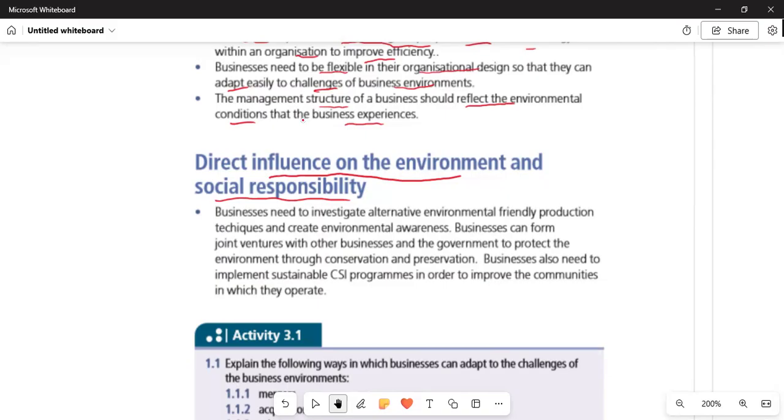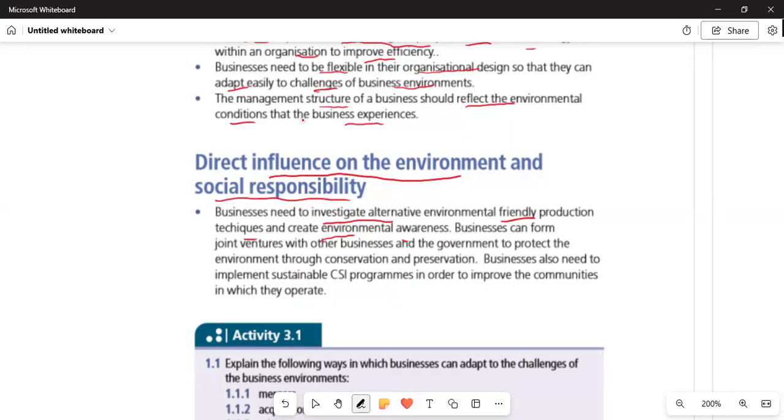Businesses need to investigate alternative environmentally friendly production techniques to create environmental awareness. So they need to adopt these techniques and create environmental awareness.